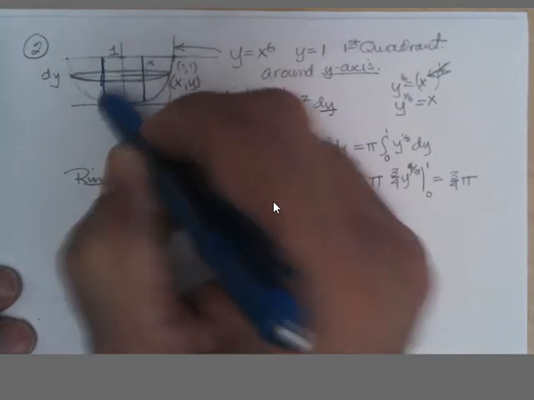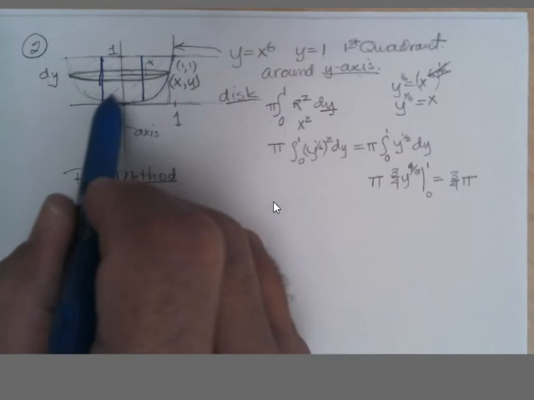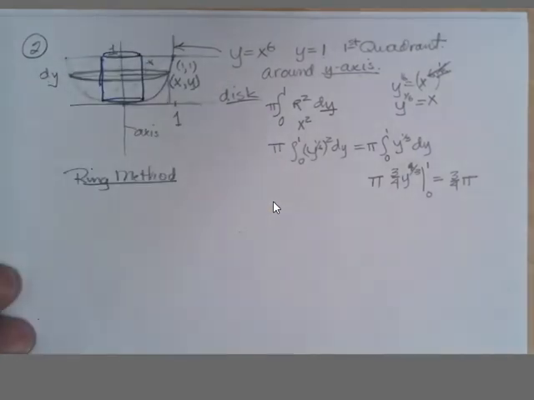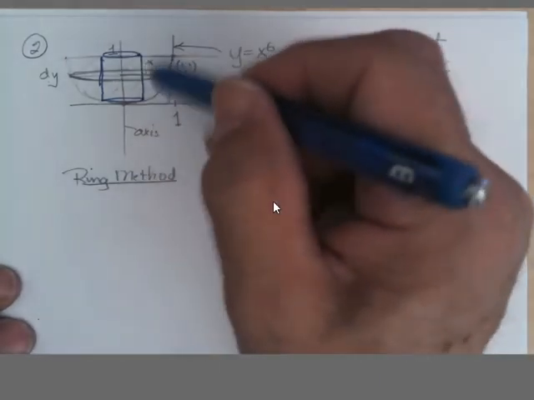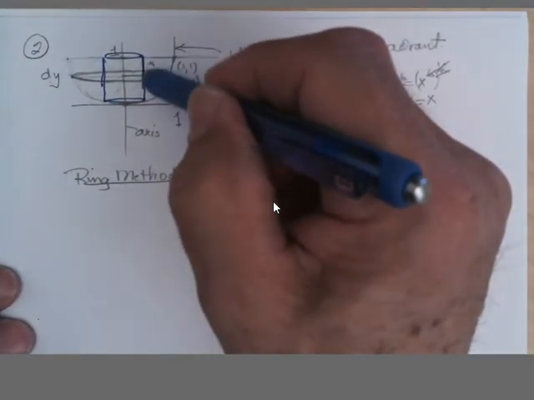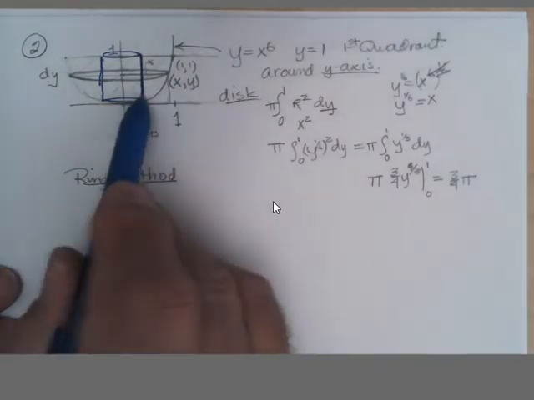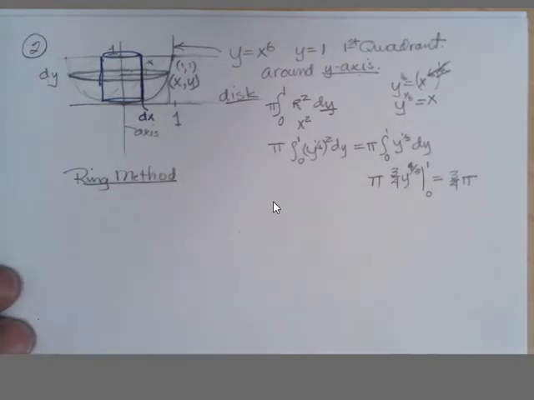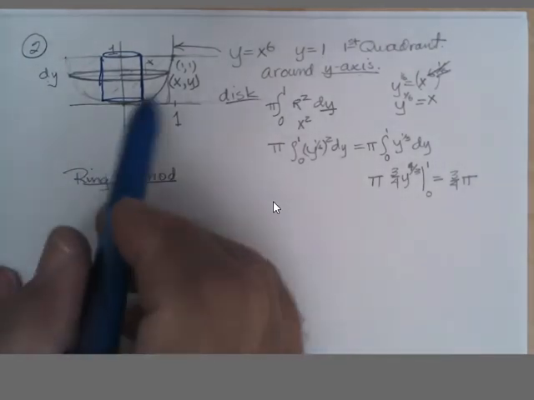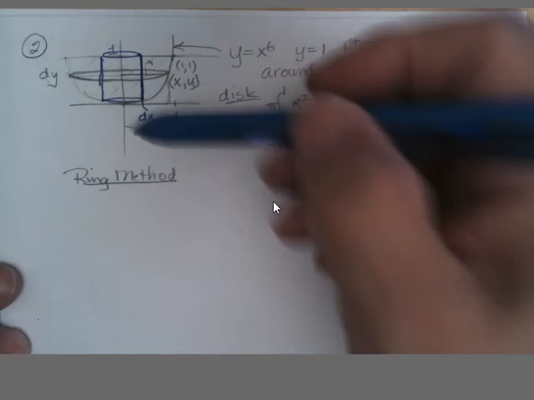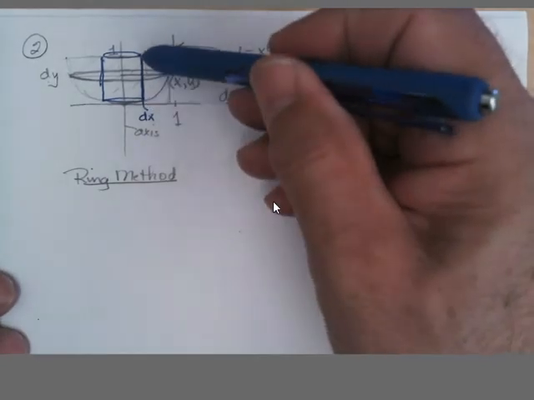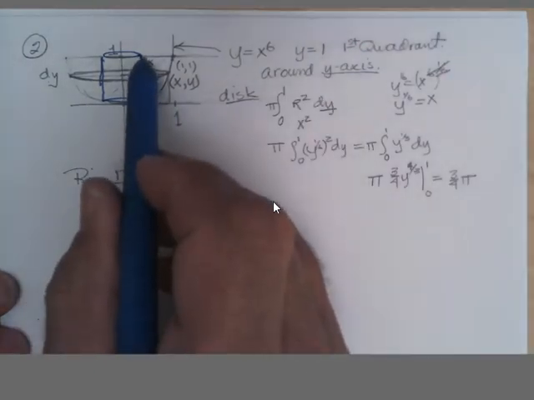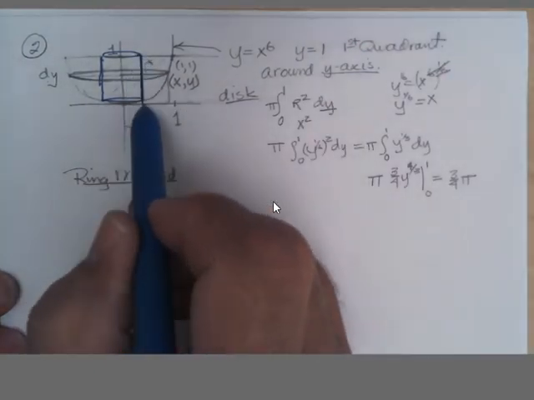And hopefully you're seeing a pipe here. It's open inside. It's just got a thickness of this wall, which is in the x direction. It's dx. And it's got a height that goes from the curve to the top.